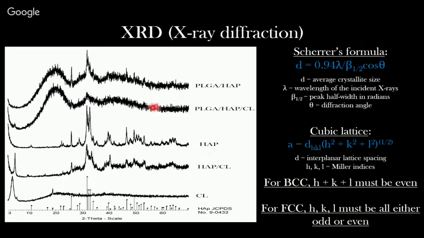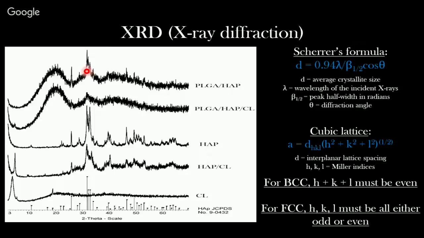Cosine theta, you know from 2 theta. So let's say you pick this peak to calculate the particle size, and you can read 2 theta. And the only thing you need to calculate is this beta. So what is beta? It's also known as the half width. You go to a single peak, and this half width is the width of the peak at half of its height.